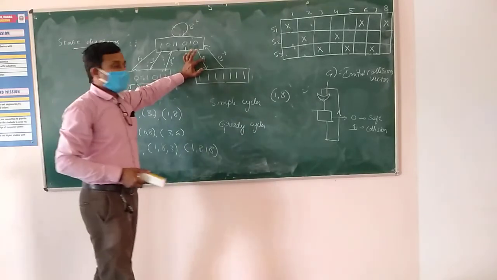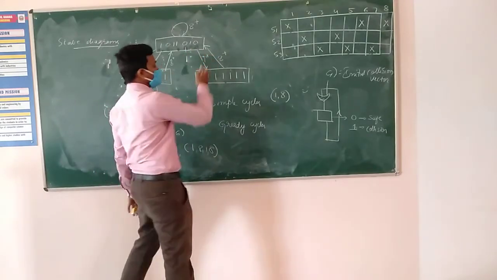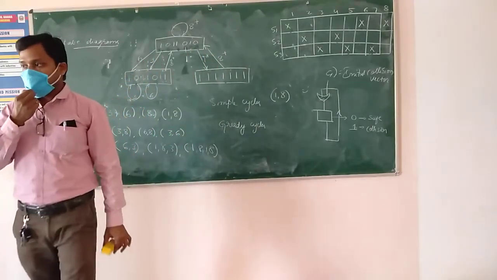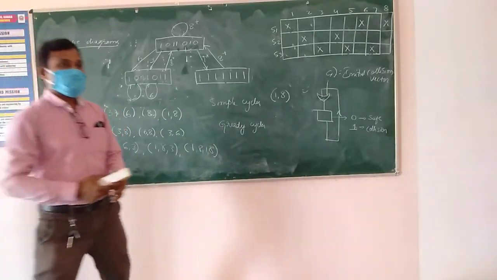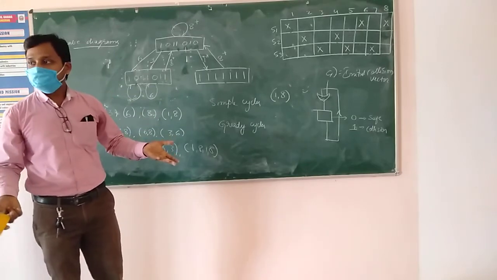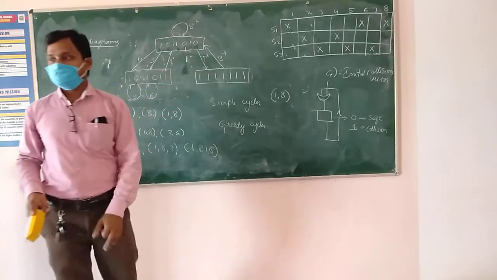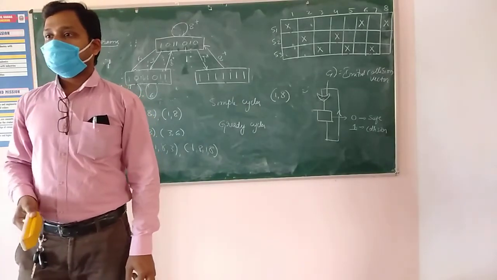Right? Therefore you have to show this one with an asterisk. Cycle is 1, 8, but which is the minimum edge? 1. So that you have to show with an asterisk. All right.